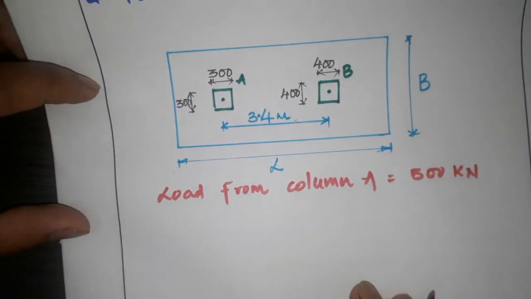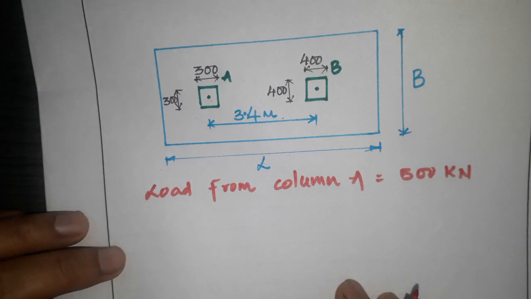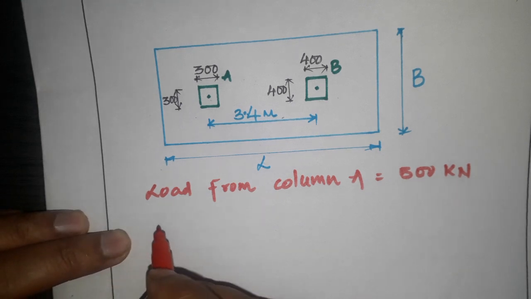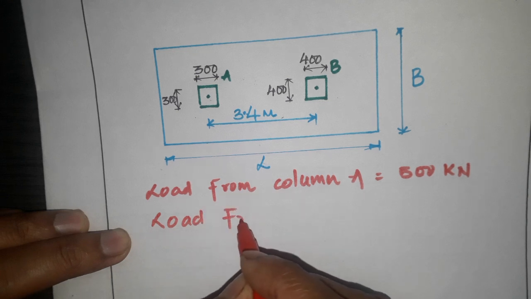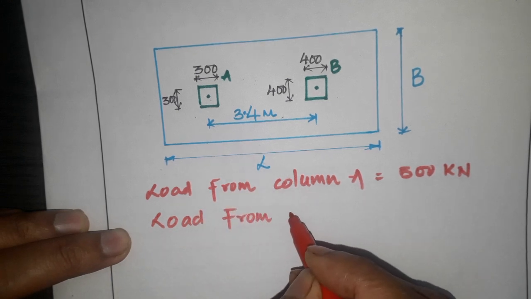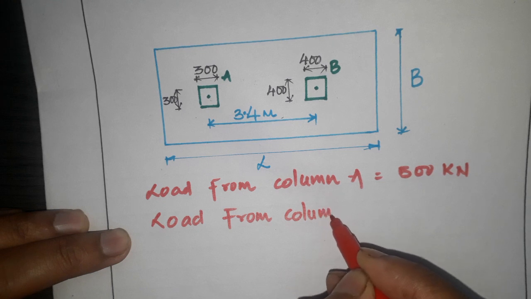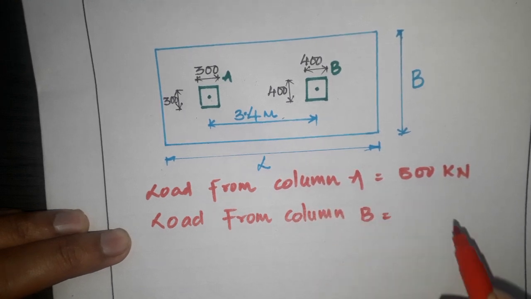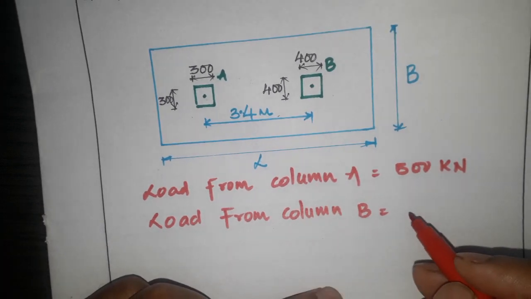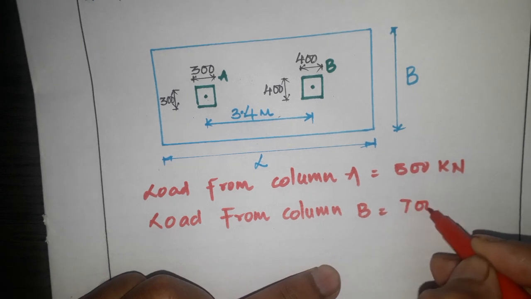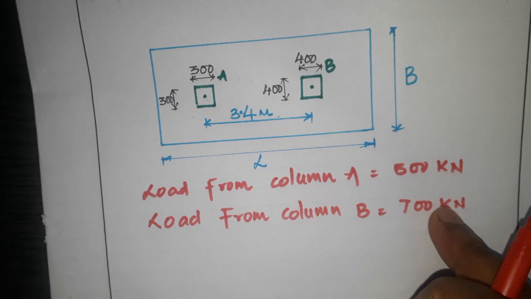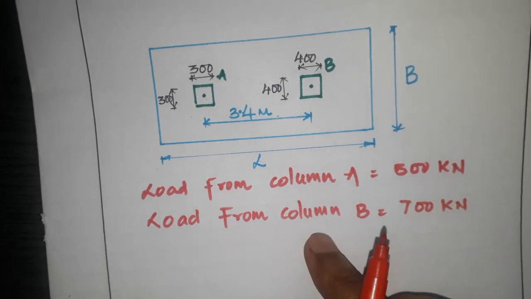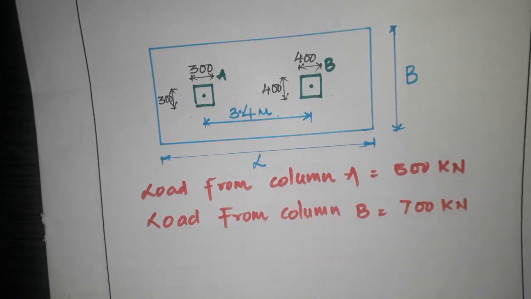Next, load from column B is given as 700 kilonewton. So load from column A is 500 kilonewton, load from column B is 700 kilonewton.